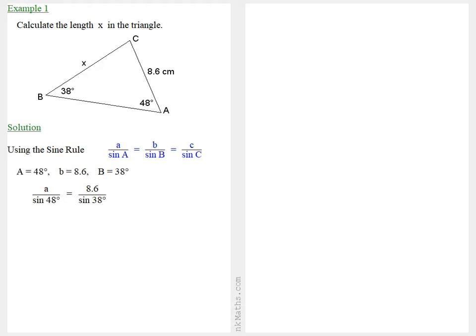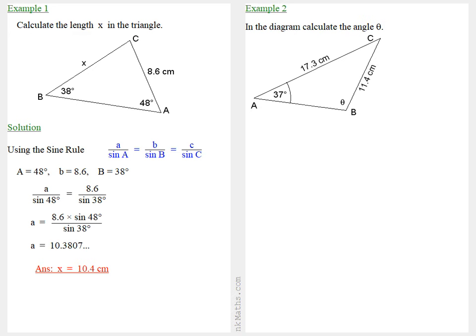If we multiply both sides by sine of 48 degrees, we have a equals 8.6 times sine of 48 degrees over the sine of 38 degrees. If we type that into a calculator, it gives us the answer 10.3807 and more digits. Rounding that off to one decimal place, we get a, which is equal to x, is 10.4 centimetres.